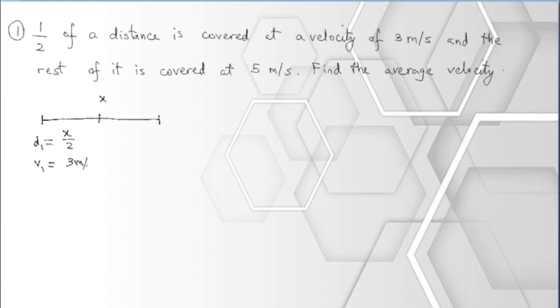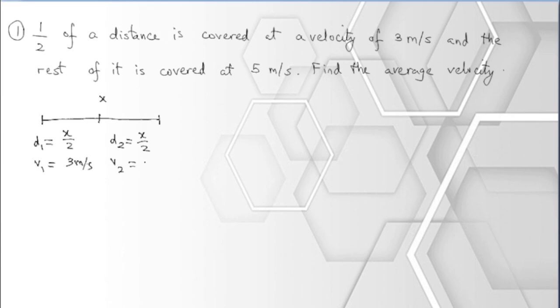If half of x has already been covered, the rest half is again x by 2, covered at v2, the velocity of 5 meters per second.